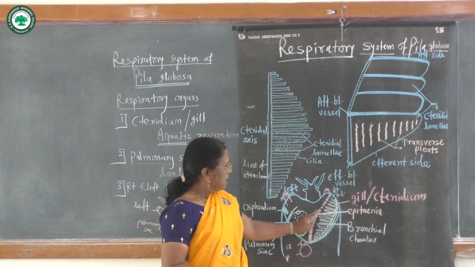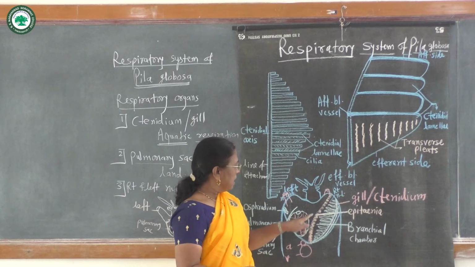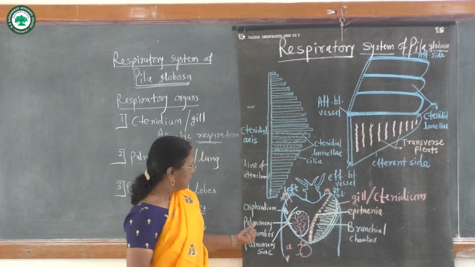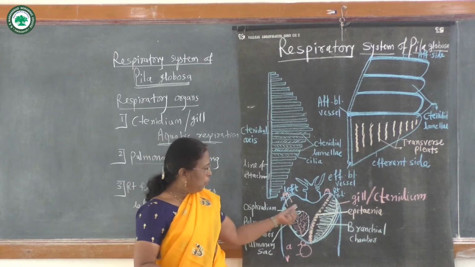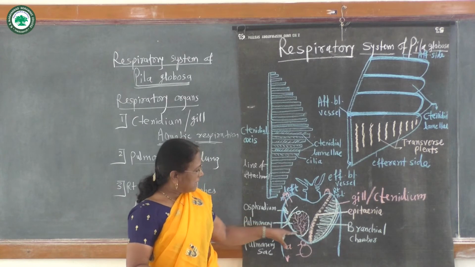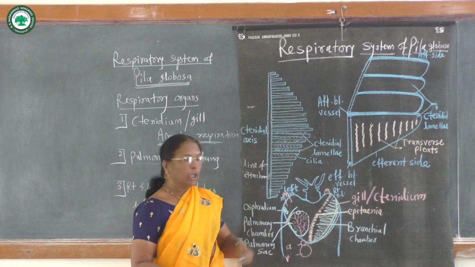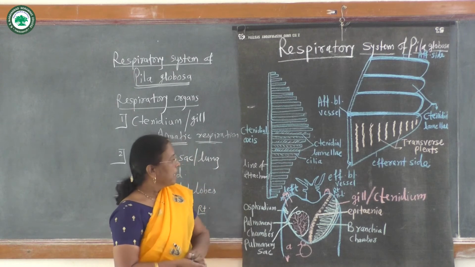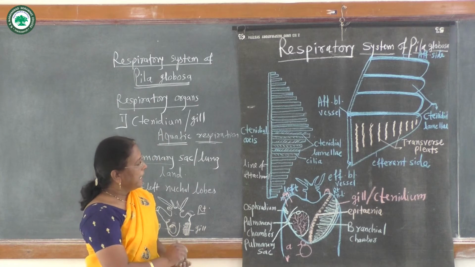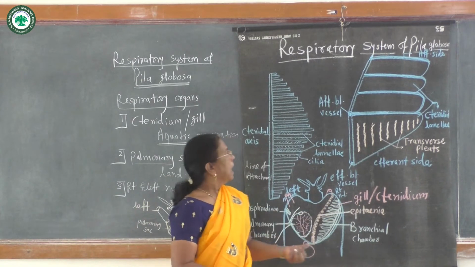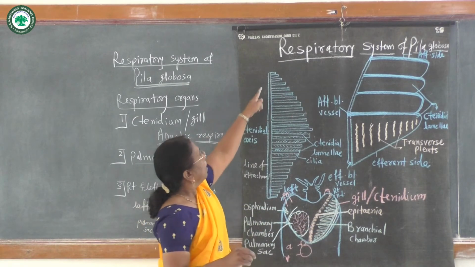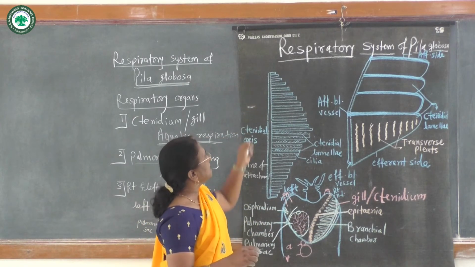The opposite, large left side chamber is called the pulmonary chamber, in which the pulmonary sac is present on the roof of the mantle cavity. We will see the ctenidium first in detail. The ctenidium is attached to the right side mantle wall by means of the ctenidial axis.